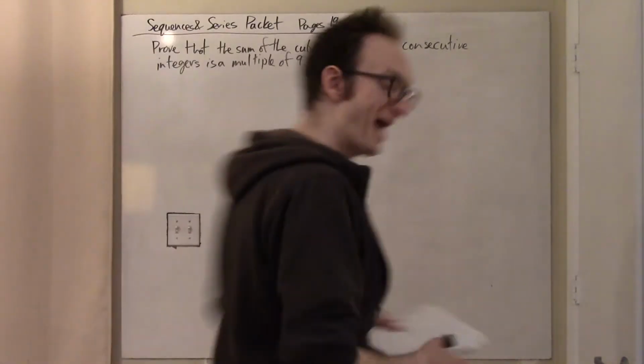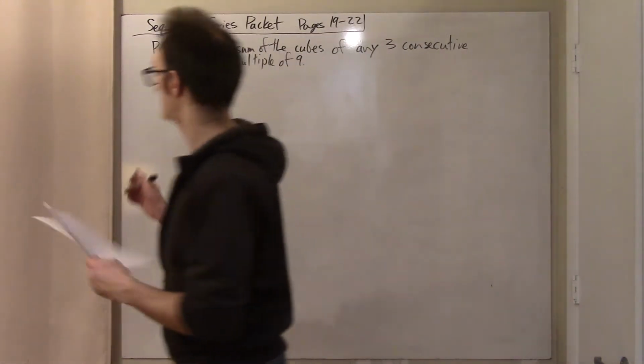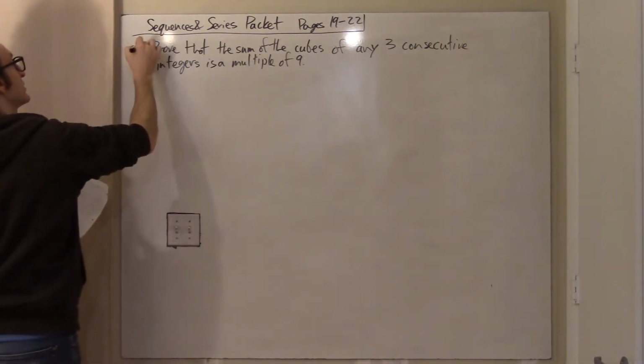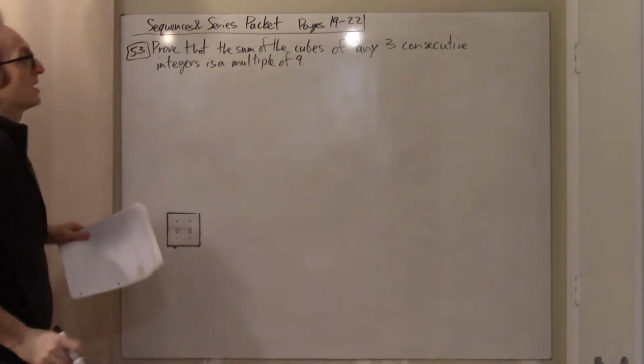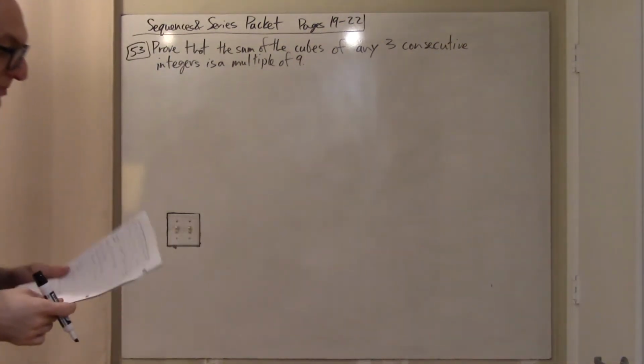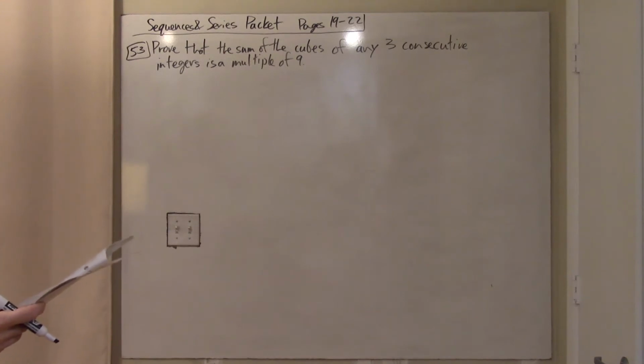Okay, we're back for page 20. This is number 53. This is another proof by induction. The theorem is: prove that the sum of the cubes of any 3 consecutive integers is a multiple of 9.